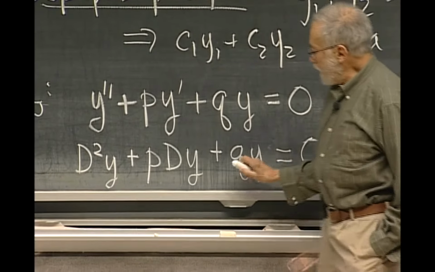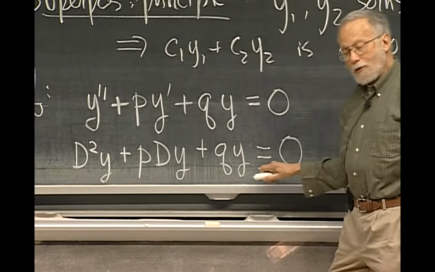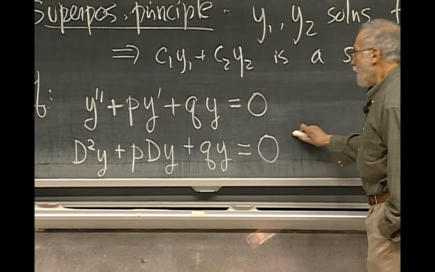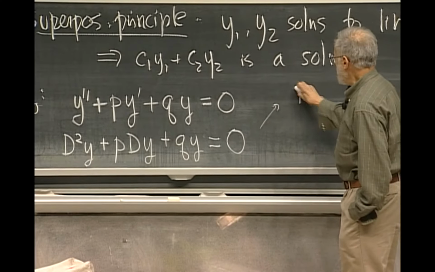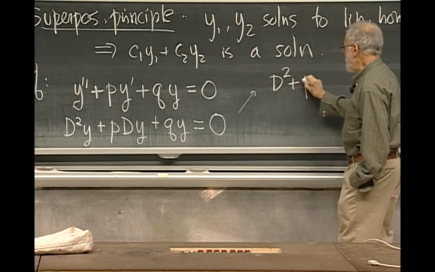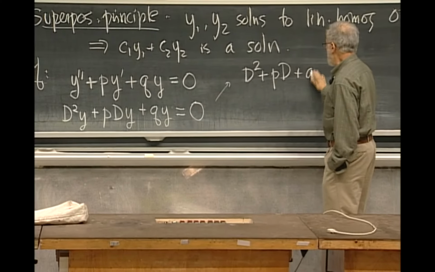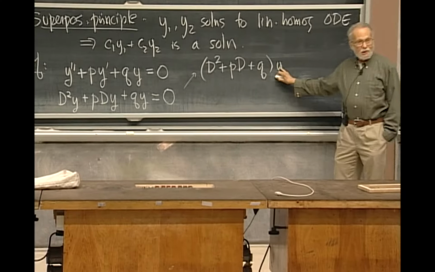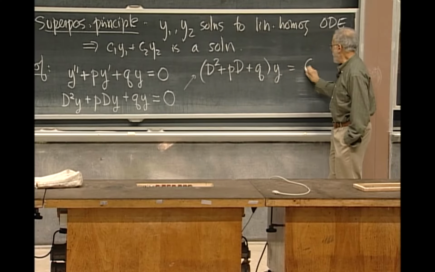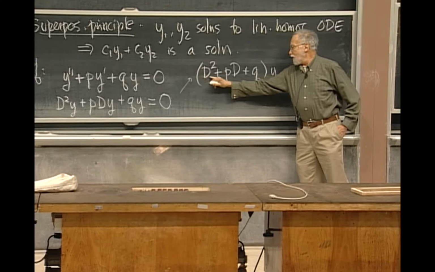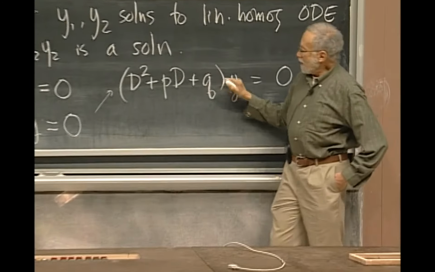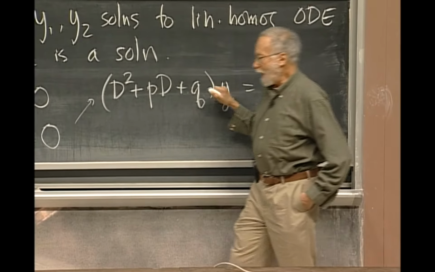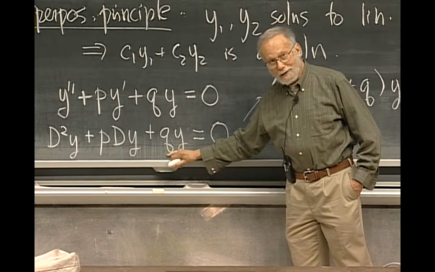Now, I'm going to formally factor out the y. So I'm going to turn this into D squared plus pD plus q. Everybody reads this as times y equals 0. But what it means is that this is shorthand for that.